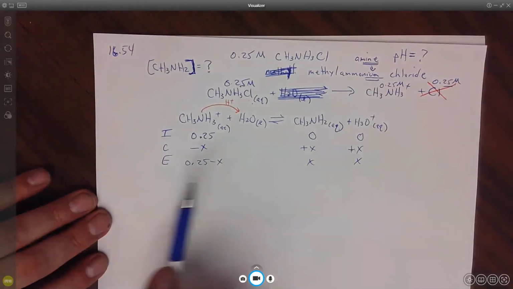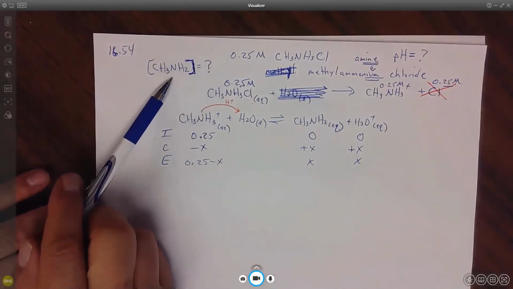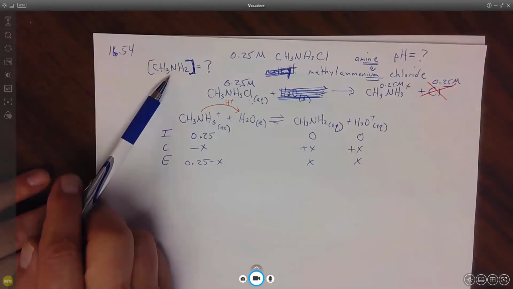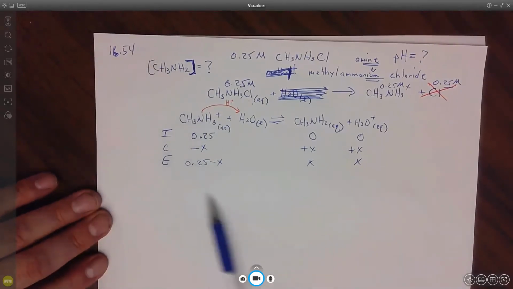So you set up your ICE table. Where am I going to get this value from that ICE table? The tables of chemical data. You're giving me details. I want to know where I'm going to get this concentration. With what you gave me so far, you could answer that question. It's going to be equal to the concentration of hydronium ions.